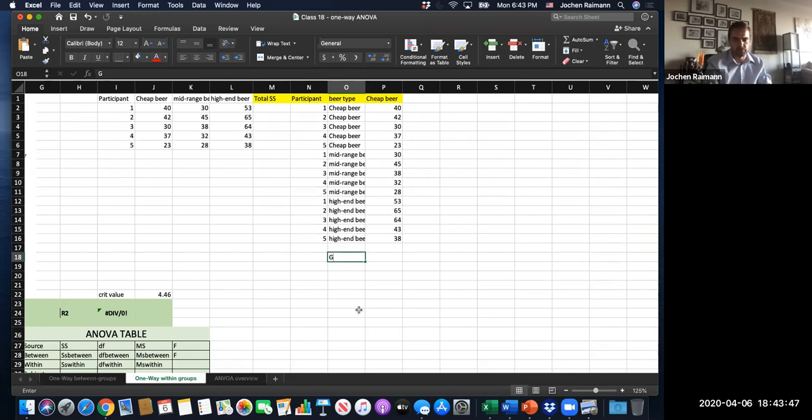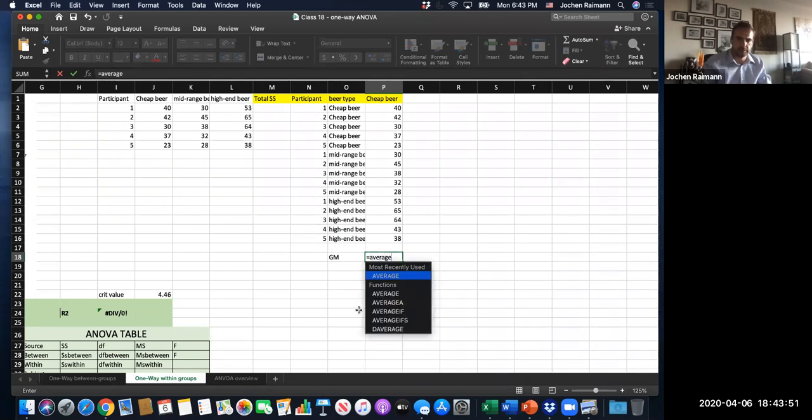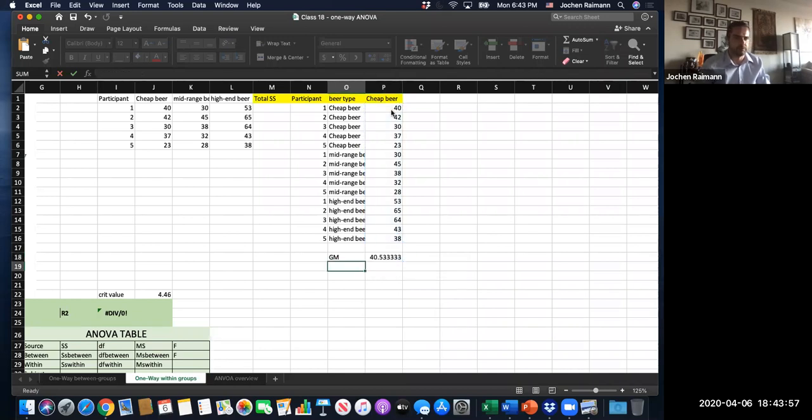So you calculate first the grand mean, which essentially is nothing else but the average of the whole thing, which is here 40.533. You calculate x minus GM.